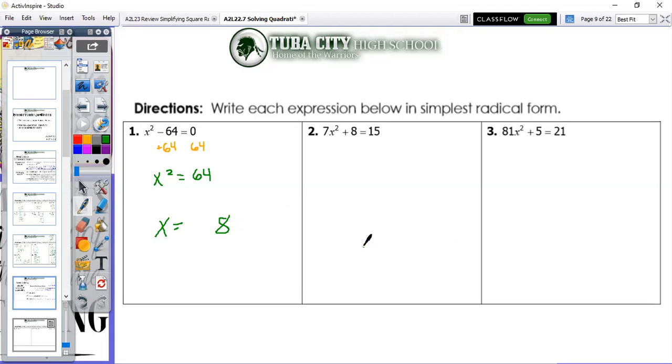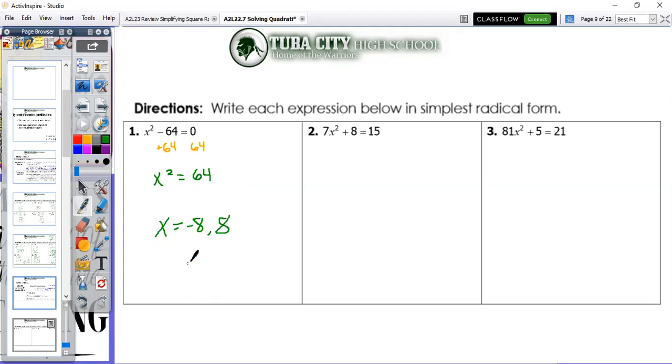If you've been following a lot of the work that we've been doing where we plug things into a table of parabolas, you'll notice that you also can use negative numbers to get the same result. So I could also use negative 8. Negative 8 times negative 8 is still positive 64.